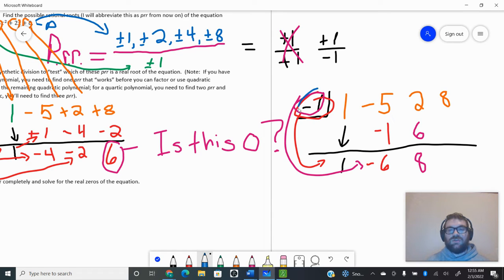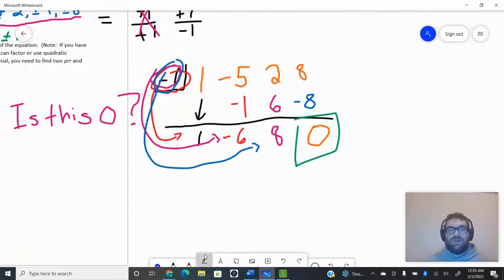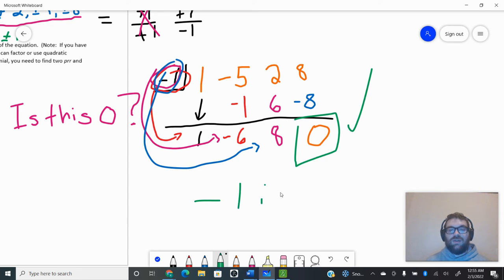And then last, what's negative 1 times positive 8? It's negative 8. What's 8 minus 8? 0. And here we get what we want. This is a 0. So negative 1 works. We care that it's 0 here. So that means negative 1 is a factor.